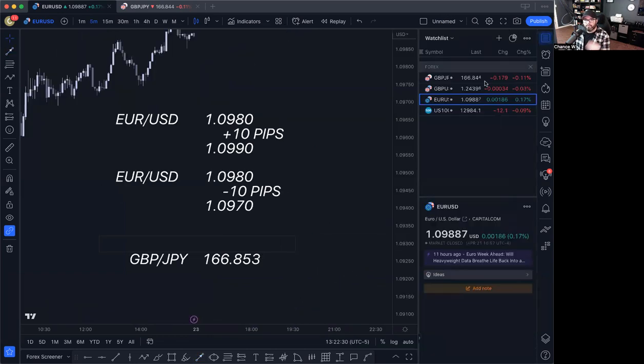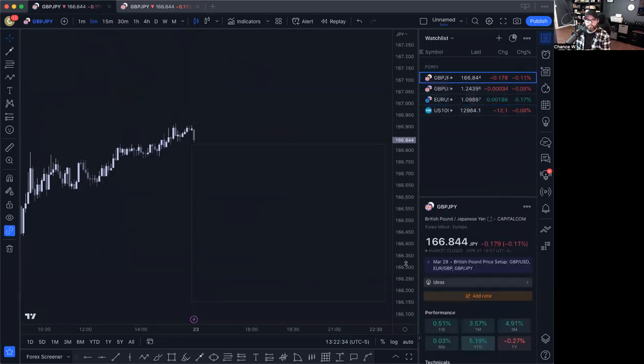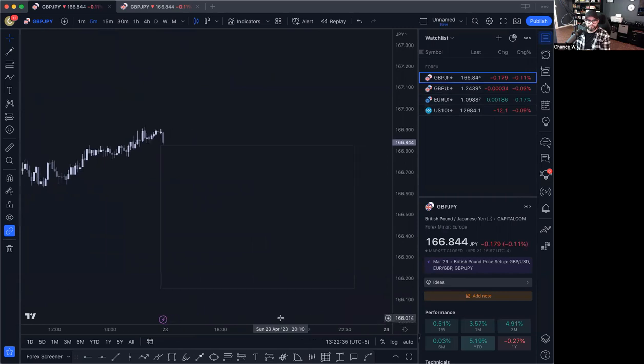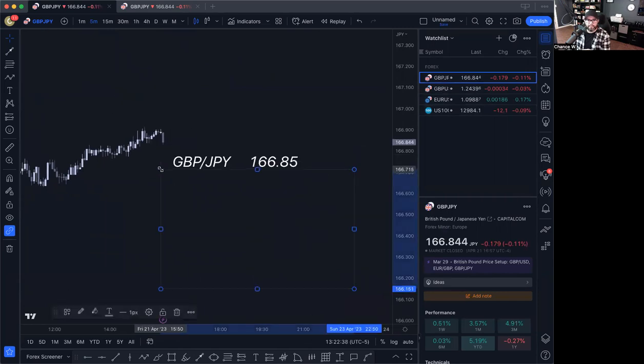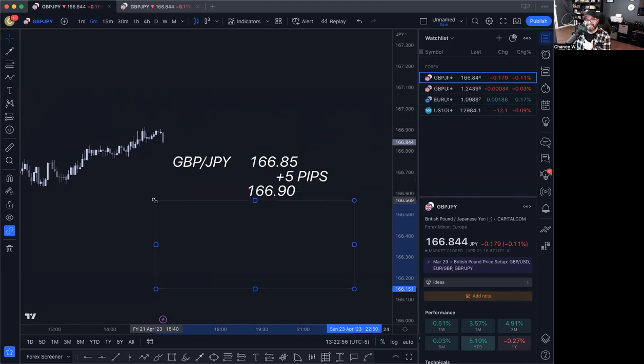So let's get into some examples of how price will move for the Japanese yen. If price is currently 166.85, the 2nd decimal place, I keep wanting to say 4th, it's the 2nd decimal place on the Japanese yen that is the pip value. If it goes up 5 pips, then price becomes 166.90.